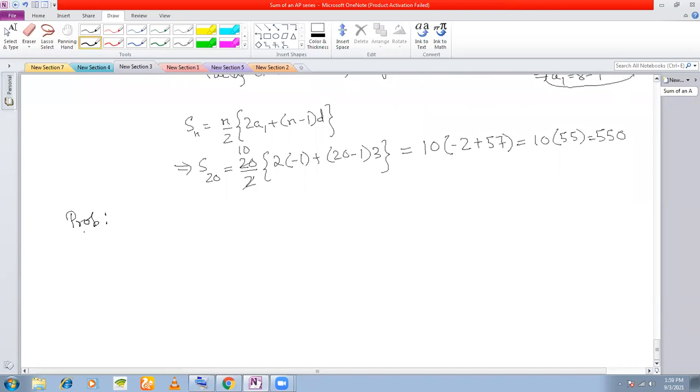Now the next sum is a little different, and before this problem, I would like to discuss a small thing here. If I have an AP, let us consider a very simple AP.